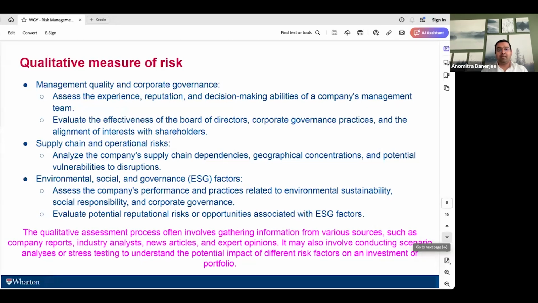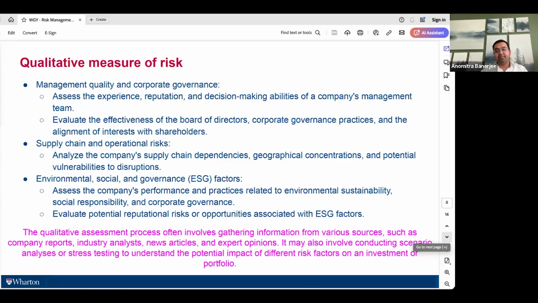So you have to evaluate the effectiveness of not only the management team, but also the board of directors. What are the corporate governance practices? Because you don't want to put your money into a company which is gonna be caught in some fraud, and then your entire money that you have invested goes for a toss, right?